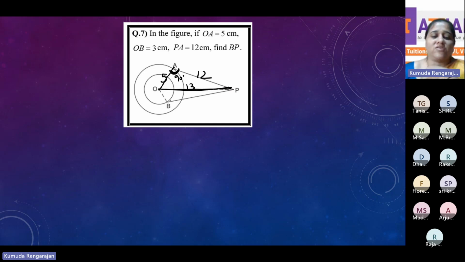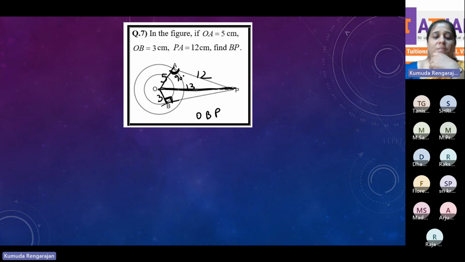Now, in the other right triangle, the radius OB is perpendicular to the tangent, so the angle is 90 degrees. So OBP is another right triangle, wherein OB is 3 centimeters and the hypotenuse OP is 13 centimeters, because OP is opposite the right angle.